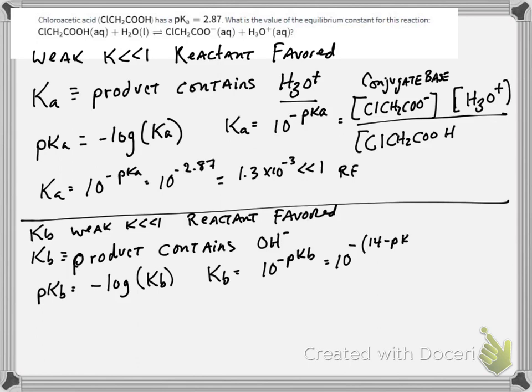And to get that, remember, pKb is equal to 14 minus pKa.